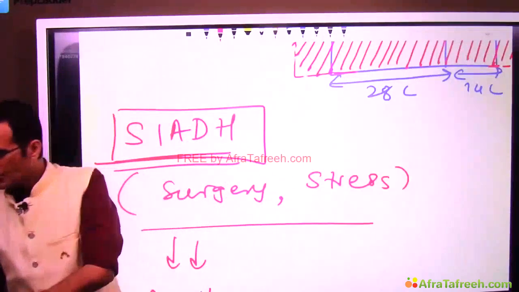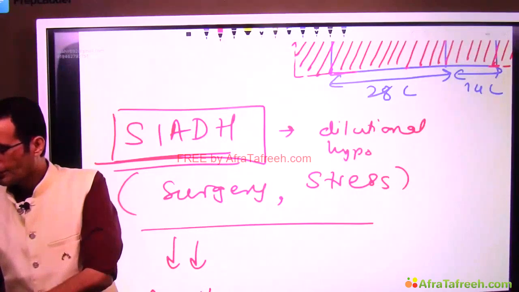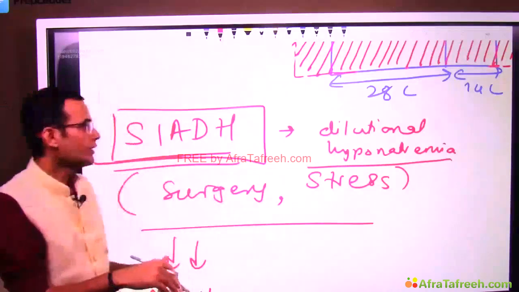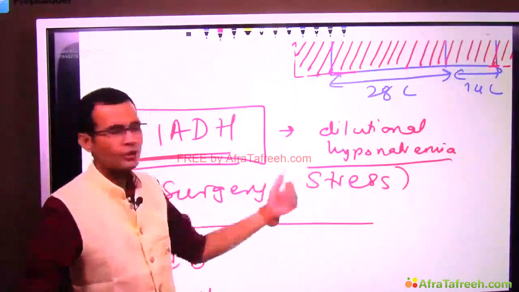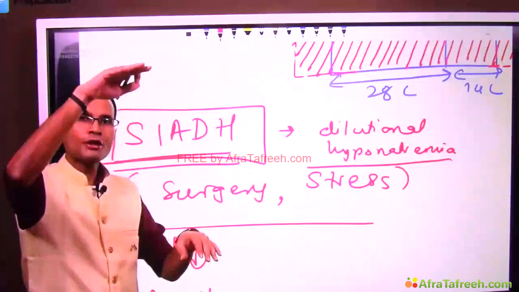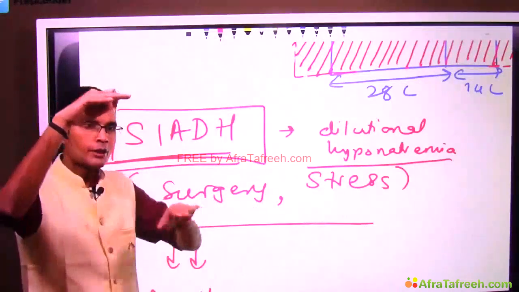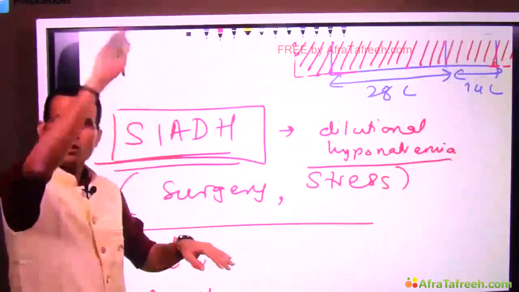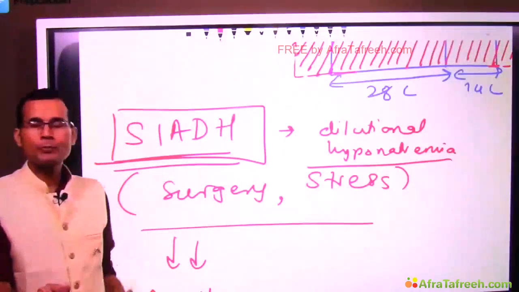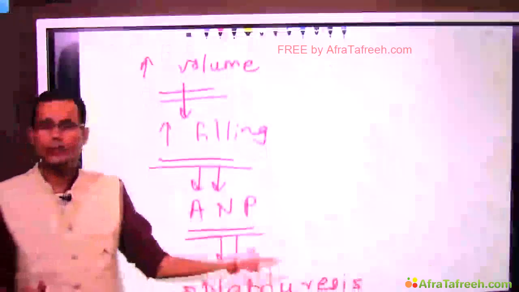This initially resulted in dilutional hyponatremia, because there was a lot of water in the ECF, a lot of water in the plasma, and therefore more water and relatively less sodium. Look, it's not really a less amount of sodium. Sodium is less relative to water. More water, therefore less sodium. That's dilutional hyponatremia. Because of the dilution of the ECF, relatively it's less sodium.